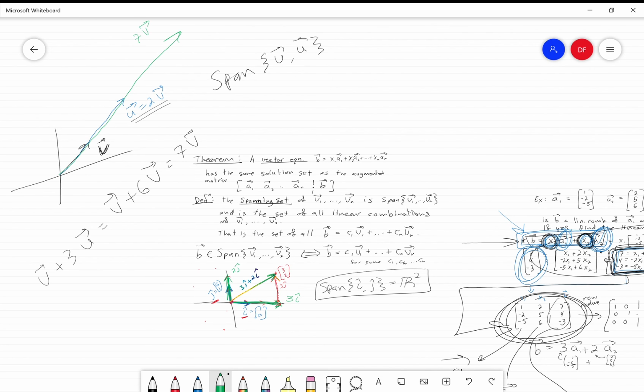If I have v minus 3u, this will be v minus 6v, which is negative 5v, which will give me this vector right here.